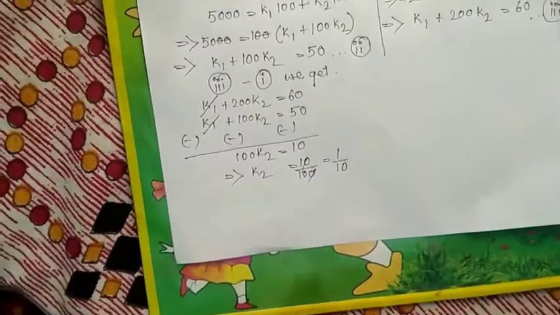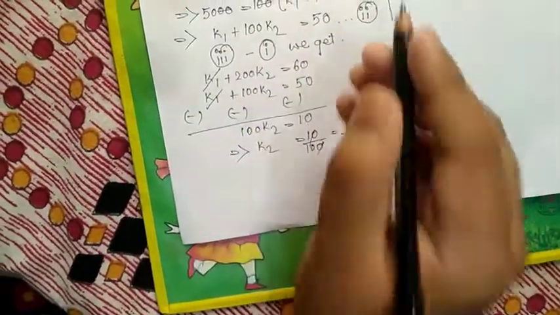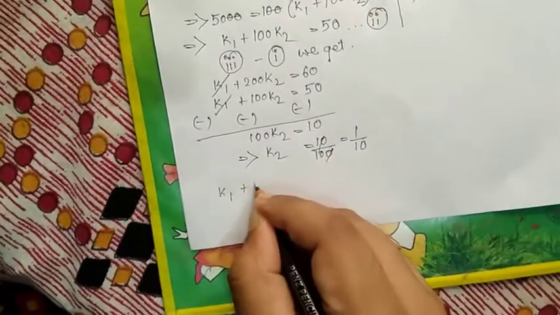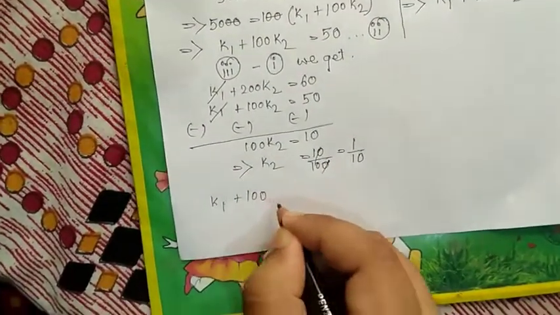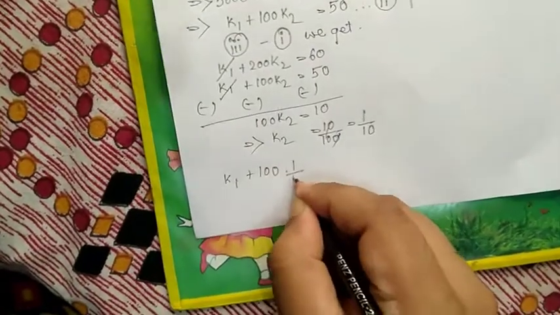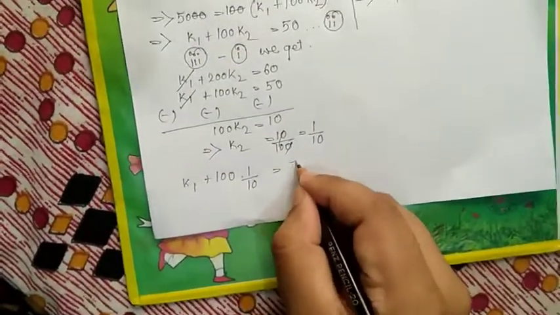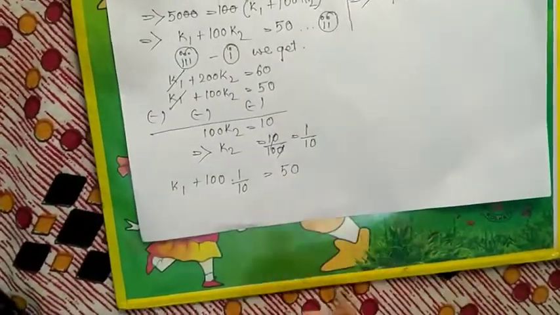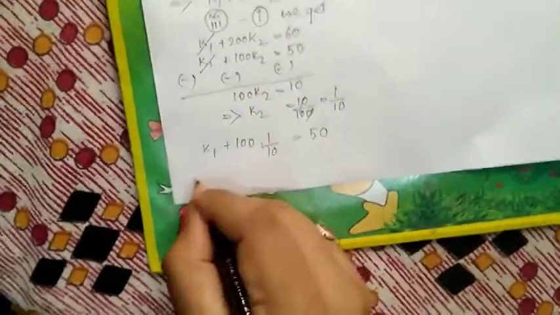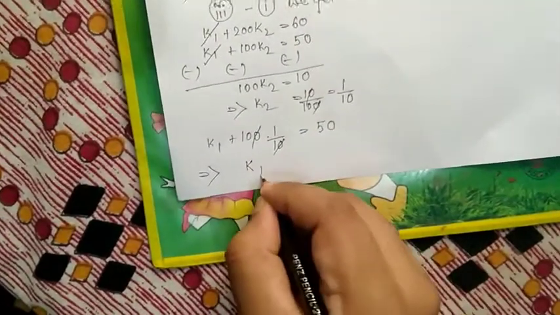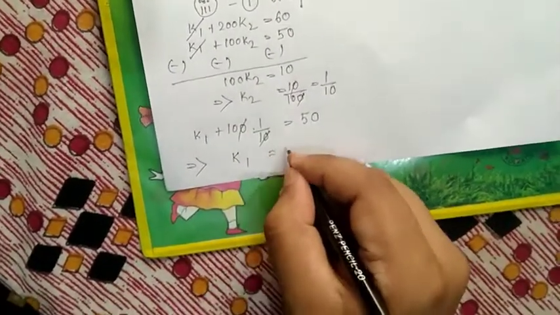Putting the value in this equation number 2, we get k1 plus 100 k2, the value of k2 is 1 by 10, so 100 into 1 by 10 equal to 50. So the value of k1 is equal to 40.